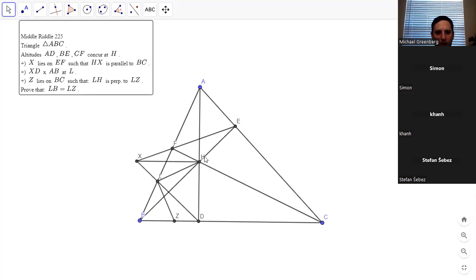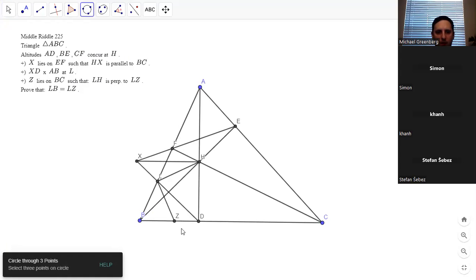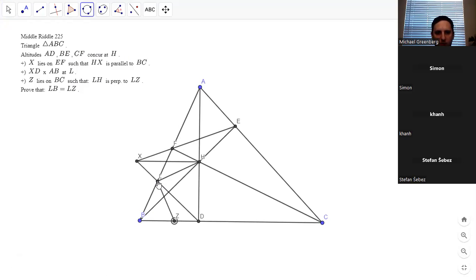So this is a cyclic quadrilateral. And so this angle is equal to this angle. So it's kind of like we want to show BLD and HLD have the same circumcircle, or the same size of their circumcircle.